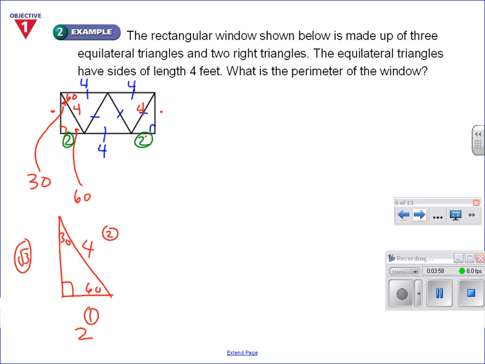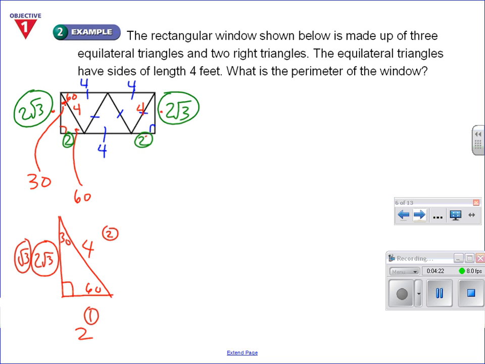Then over here, on this left-hand side, this must be 2 times the square root of 3. So this is, again, 2 times the square root of 3 on this side and over on this side. So now I can go ahead and get my perimeter by just adding up the blues.